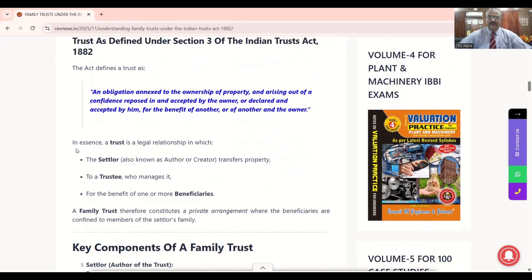Now, see here. In essence, a trust is a legal relationship in which the settlor, also known as author or creator, transfers the property. He is the owner, author, or creator of the trust.